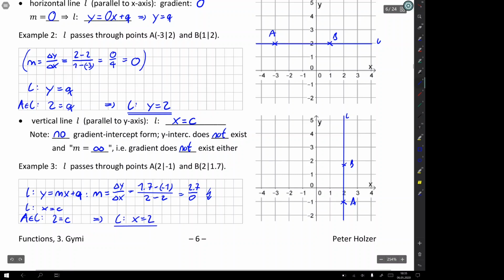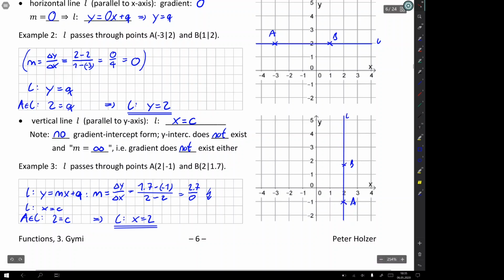This may look a little bit strange, so let's think about it. What do we know for any point lying on this line? What can you tell me about the x-coordinate of this point? Well, the x-coordinate of this point on the line is 2. And the x-coordinate of this point on the line? Well, it's also 2. And the x-coordinate of this point here on the line? It's also 2. So what do all points on this line have in common?